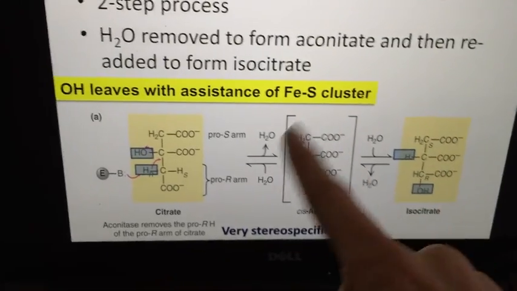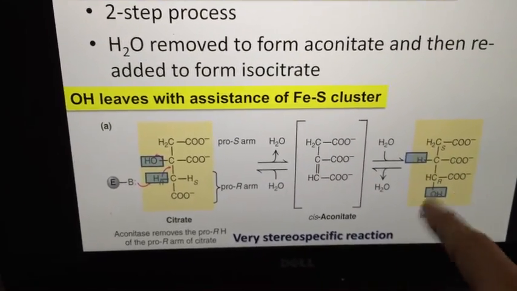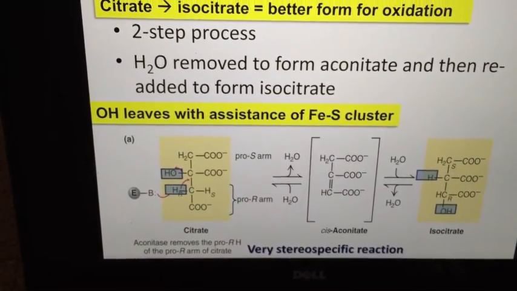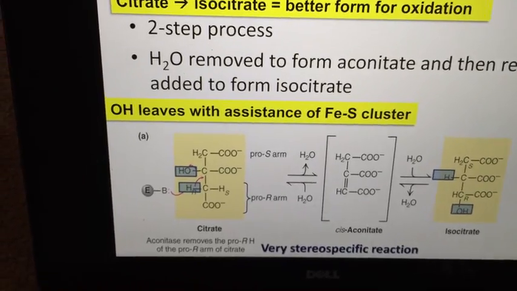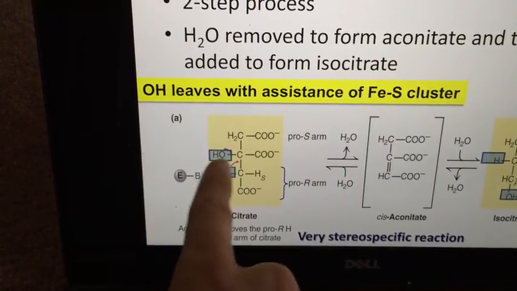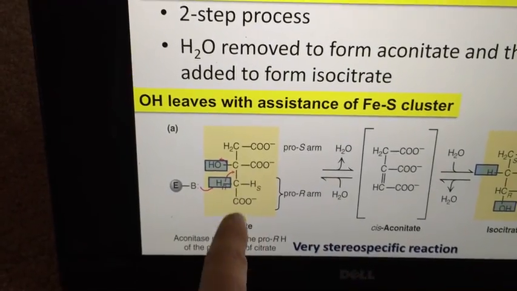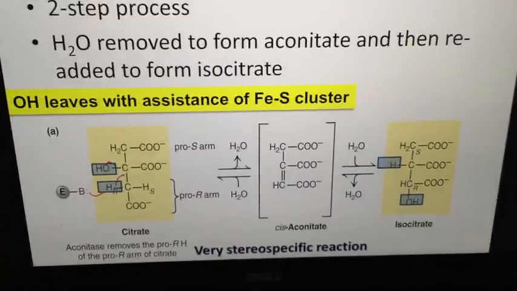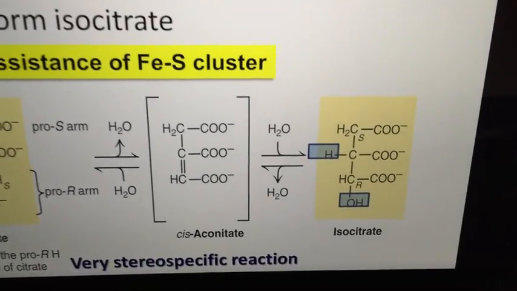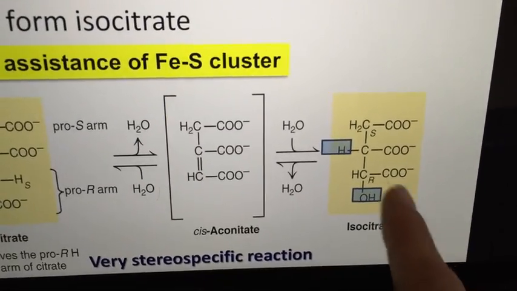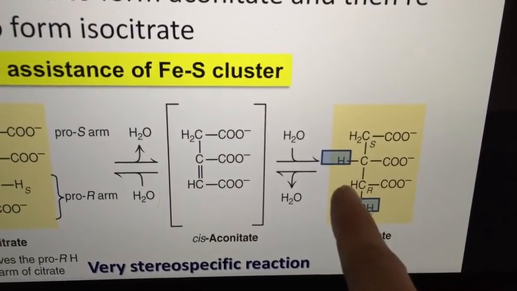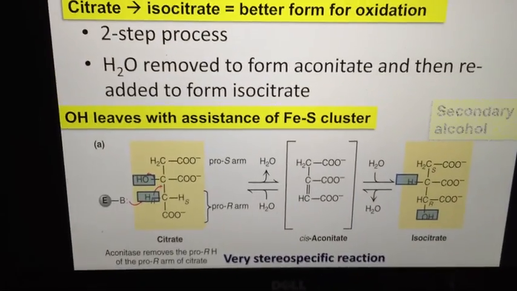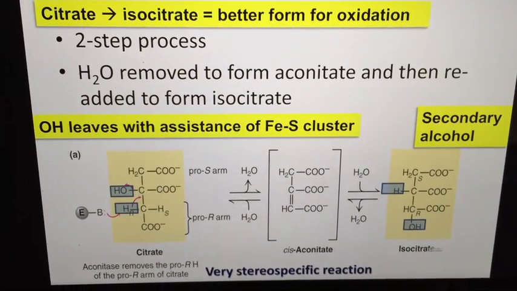Then, of course, after aconitate is formed, the H and the OH of water are re-added now to form isocitrate, and we can see we go from a tertiary alcohol, so there's the OH group of the alcohol, and you can see that every single attachment to that carbon, not one of them is a hydrogen, so that is a tertiary alcohol, whereas here there's our alcohol, and we see there's one hydrogen attached, so it's a secondary alcohol, which means that isocitrate can be oxidized, because it's a secondary alcohol.